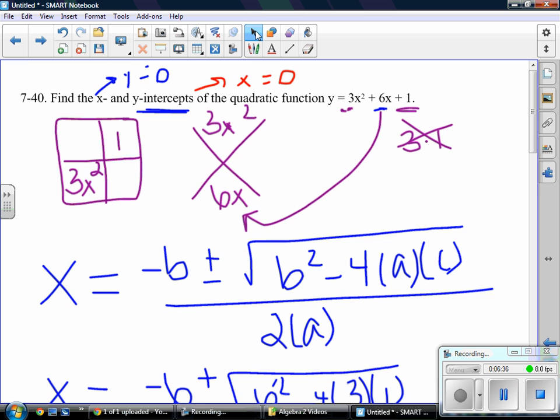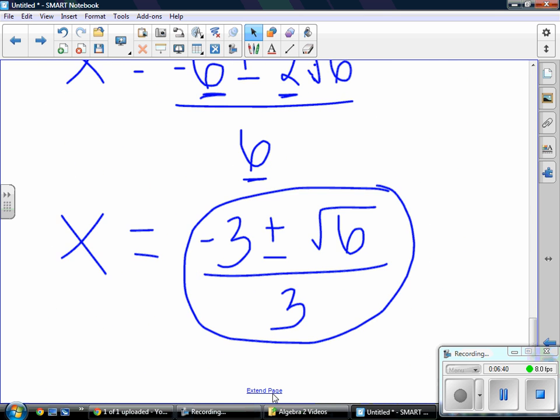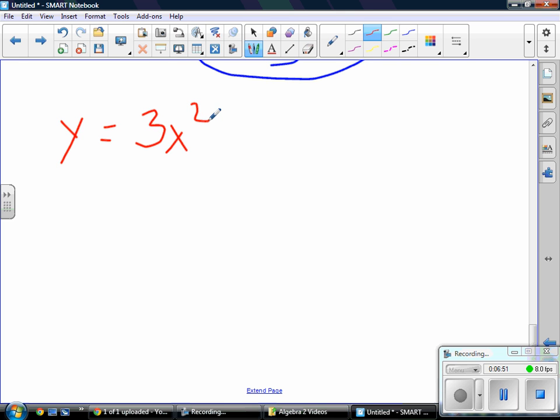So I'm finding the y-intercept. I'm going to set x equal to 0. So, in our equation, which was this, y equals 3x squared plus 6x plus 1, I'm going to plug in x equals 0.